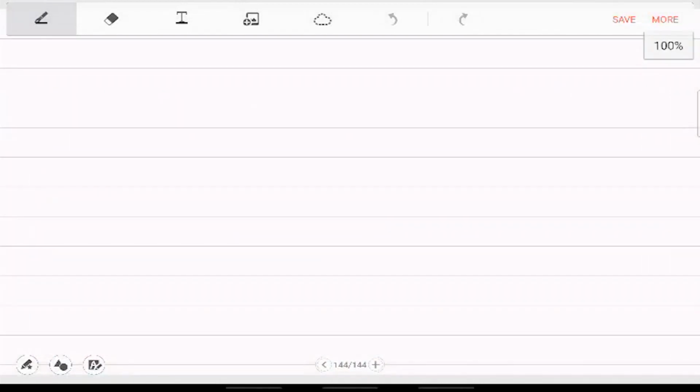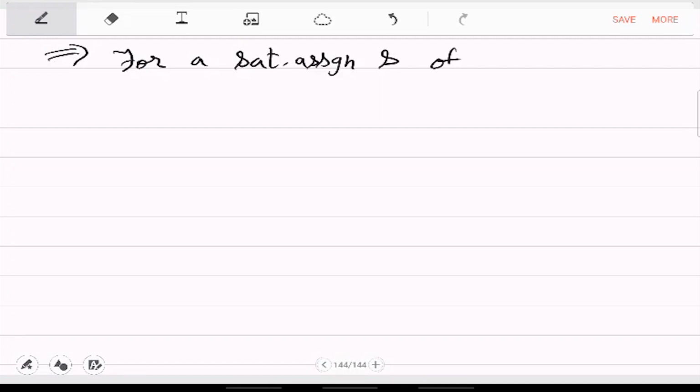And what this calculation shows you is that for a satisfying assignment S of phi, the sum over cycle covers C of A prime corresponding to this satisfying assignment.